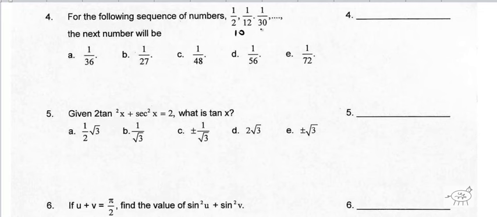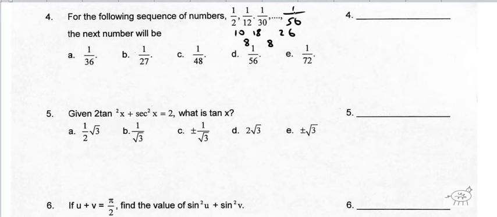The difference between 12 and 30 is 18. And the difference between 10 and 18 is 8, so I would add another 8 to this, I'd get 26. Right? And then if I add 26 to that, I get 56.